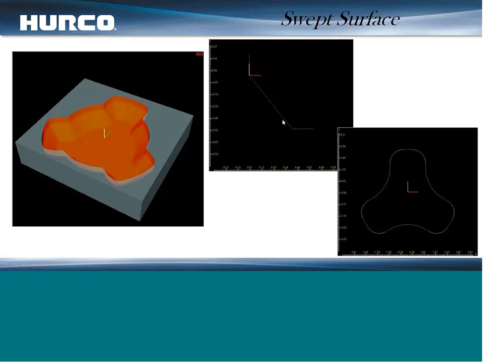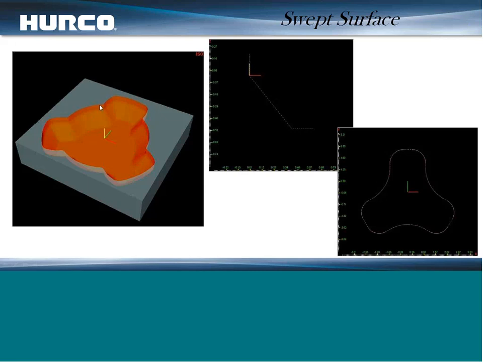The way I've heard some people refer to this is if you were working with a router, a wood router, the profile contour would be your router bit. This is the shape that you want to cut into your part. And then the along contour would be the edge of your part or the template that you want to follow with that router bit.